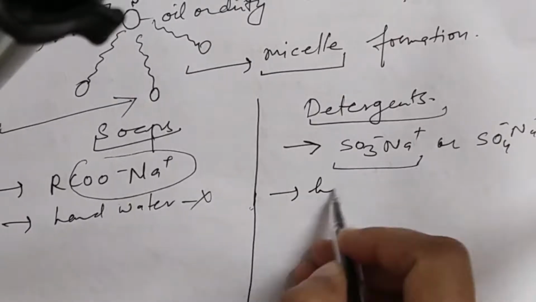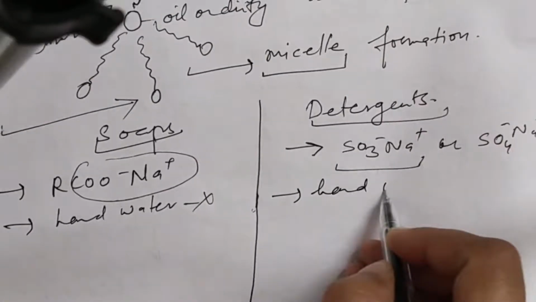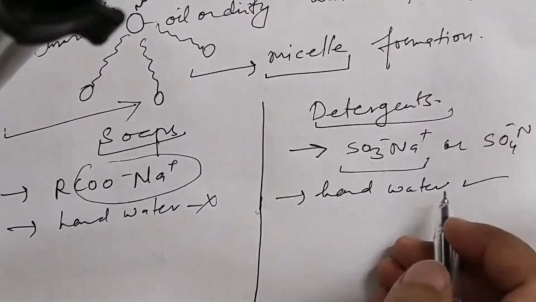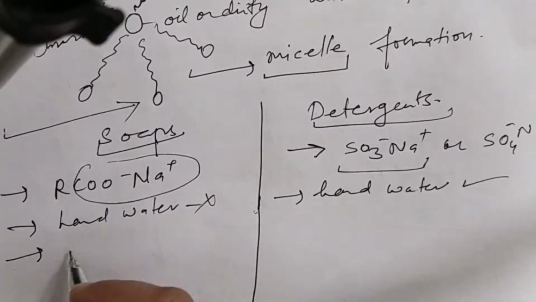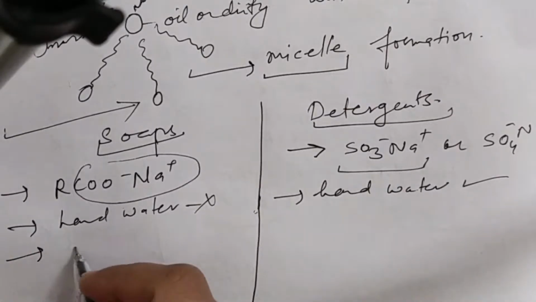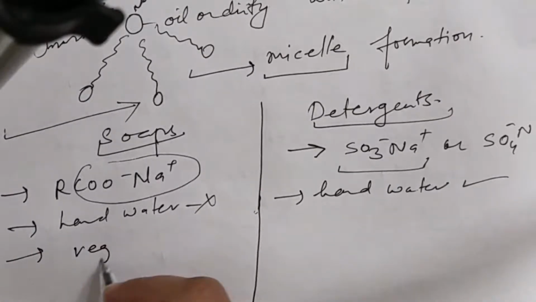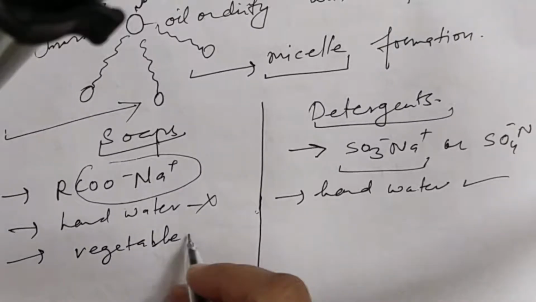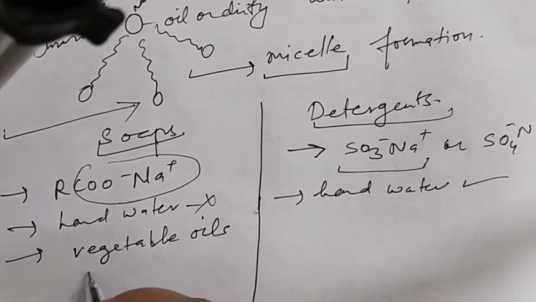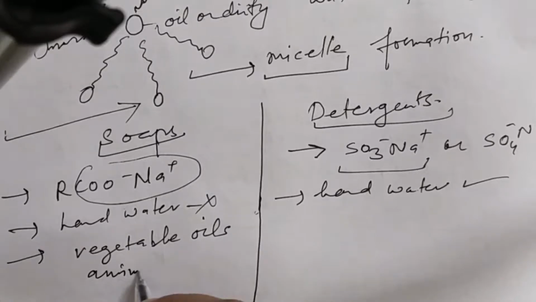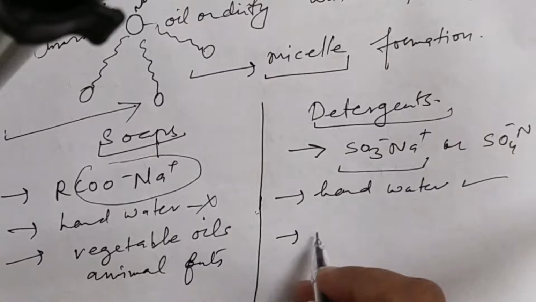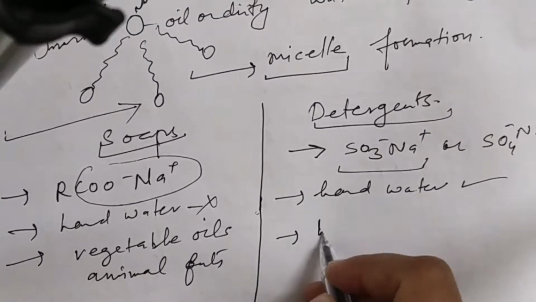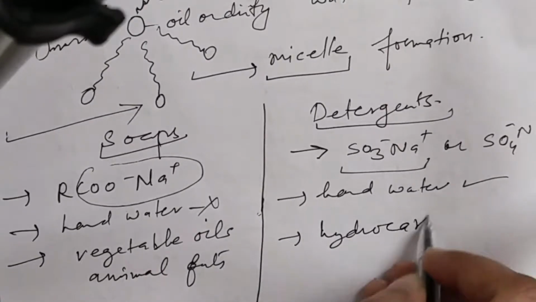The next difference is that soaps are prepared from animal fats or vegetable oils, which are natural sources, but detergents are prepared from hydrocarbons like petroleum.